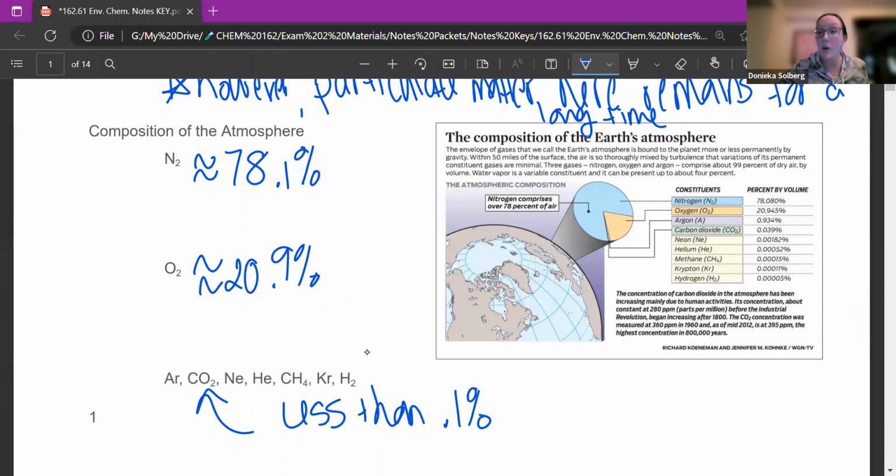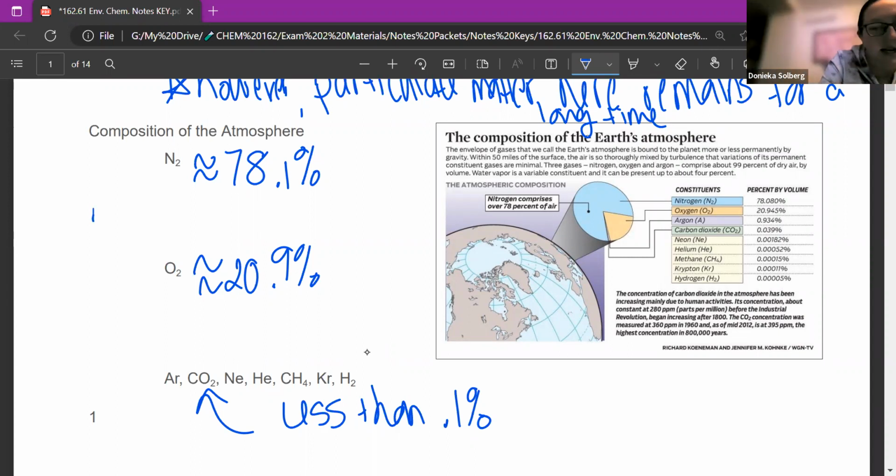But there's a lot going on in the atmosphere, which means there can be a lot of chemistry happening in the atmosphere. So I first want to talk a little bit about nitrogen and oxygen and why there's so much of them. That's really because they're very stable. But then also, why is there more nitrogen than oxygen? Well, nitrogen is way more stable than oxygen. So it's really hard to break nitrogen down.